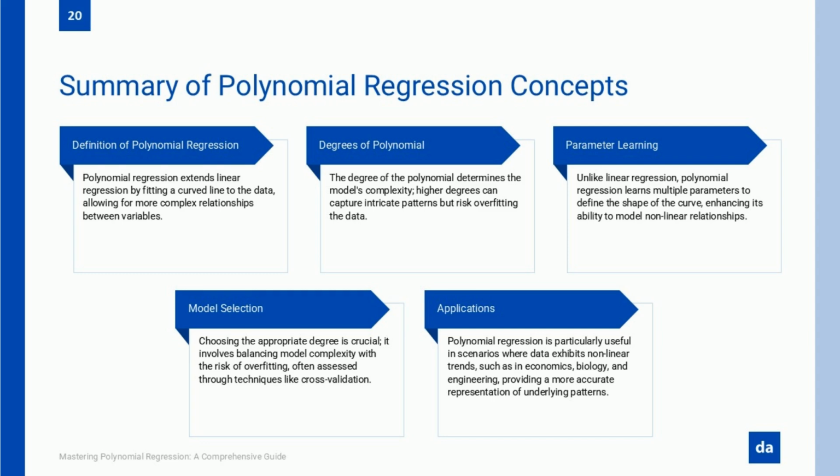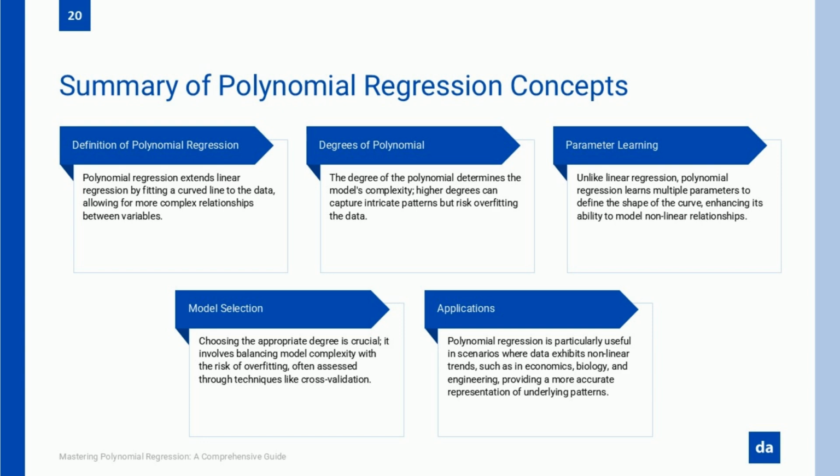Understanding the role of feature scaling and transformation is essential when working with polynomial regression. Since polynomial features involve raising input values to higher powers, they can become disproportionately large, leading to numerical instability. Standardization and normalization help prevent such issues, ensuring that the model remains stable and interpretable.